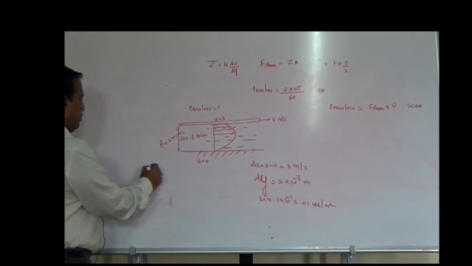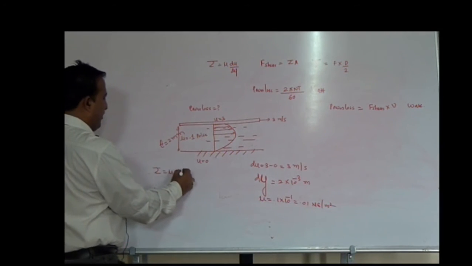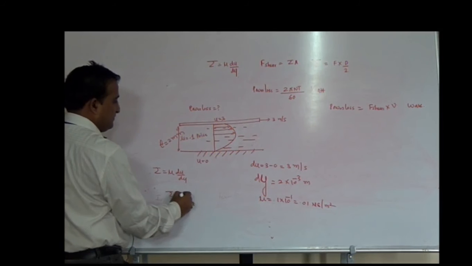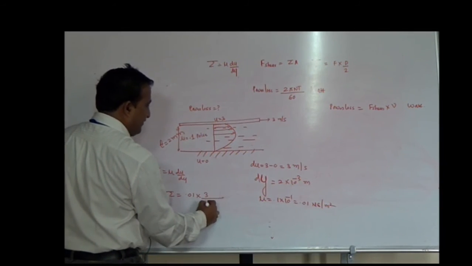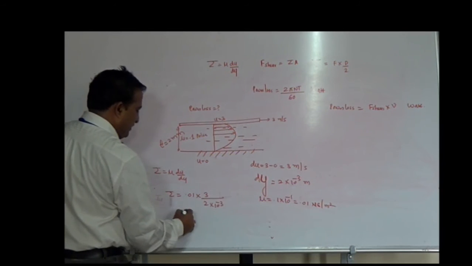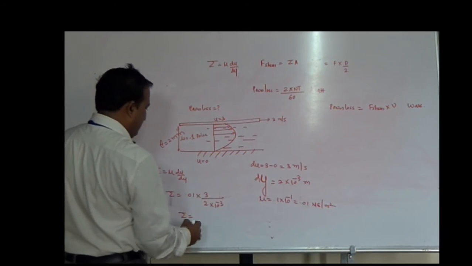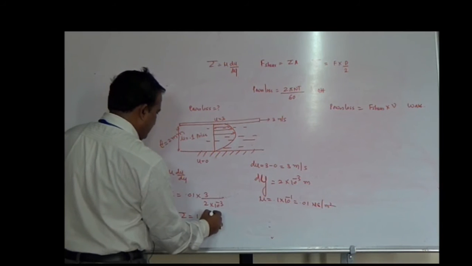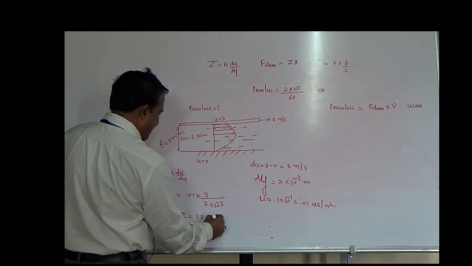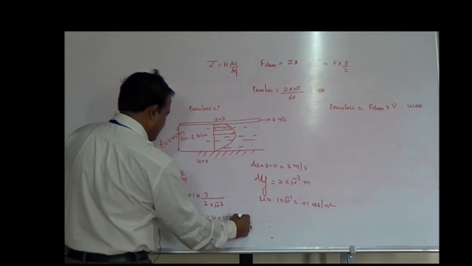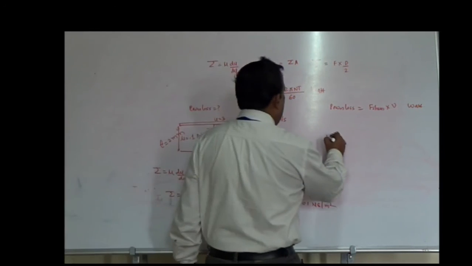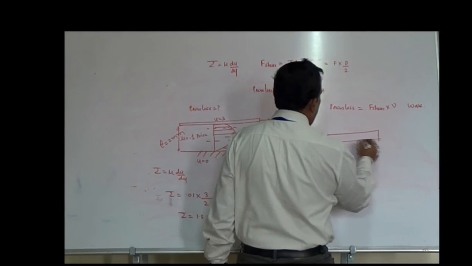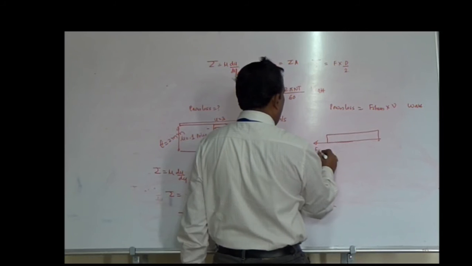So tau equals mu du by dy, that is 0.01 into du 3, dy is 2 into 10 to the power of minus 3, and you will get the tau value, that is 150. To find the force, if you see the free body diagram, this is the opposing shear force.